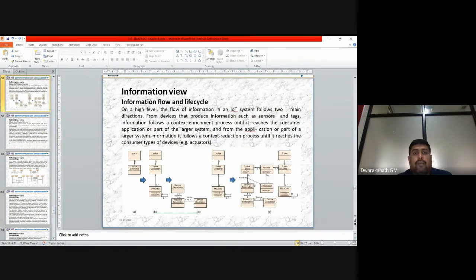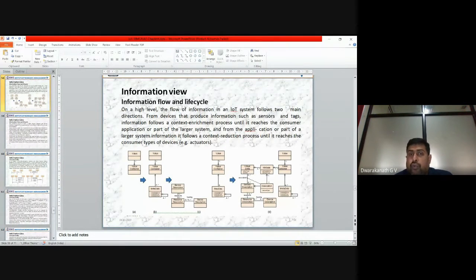Back here, information flow and life cycle: how information will flow, when information should be generated, how much time my information should be kept, and after what time my information should be deleted. This makes your project's success, and it tells your project performance.